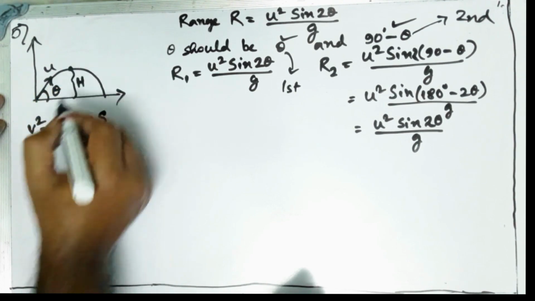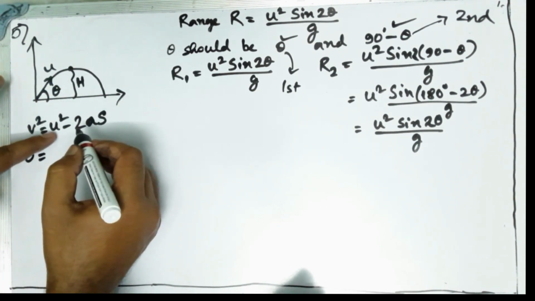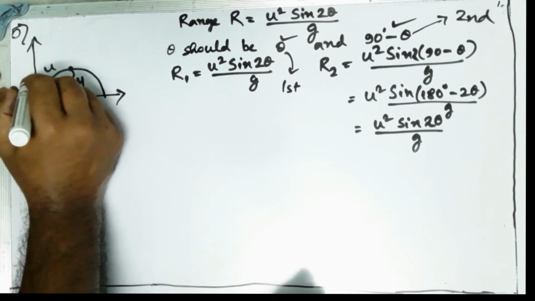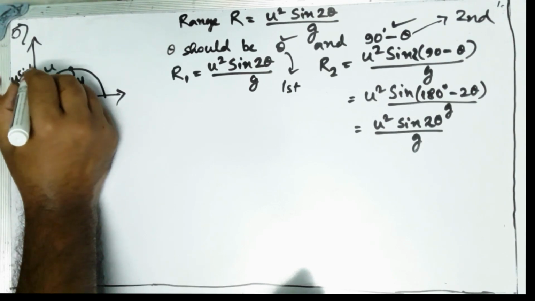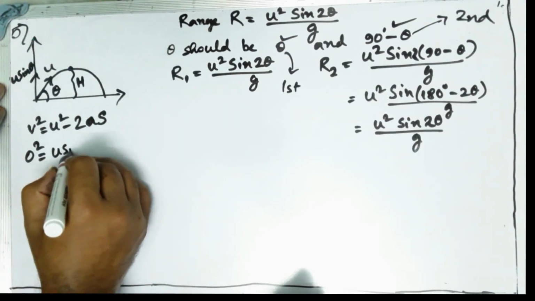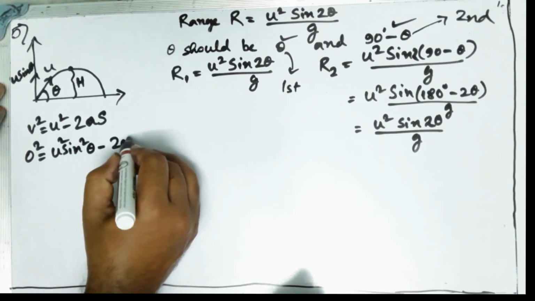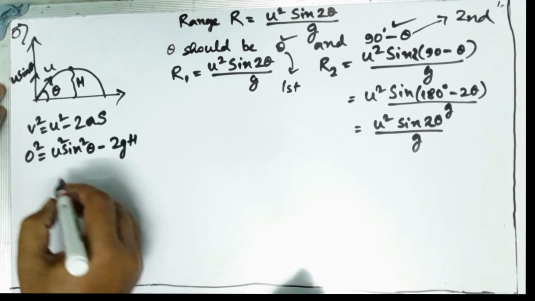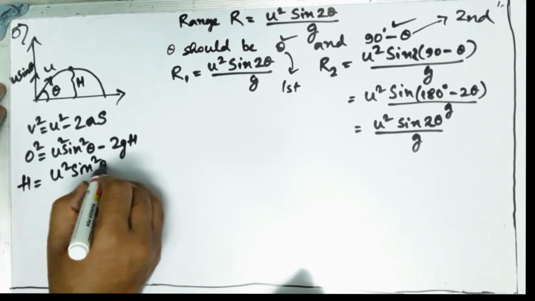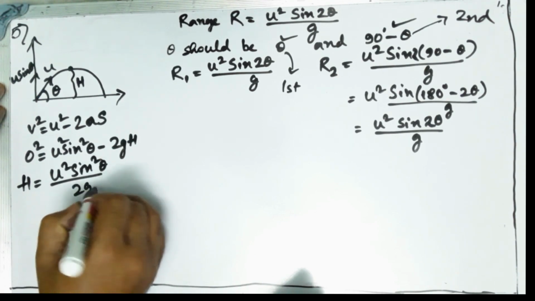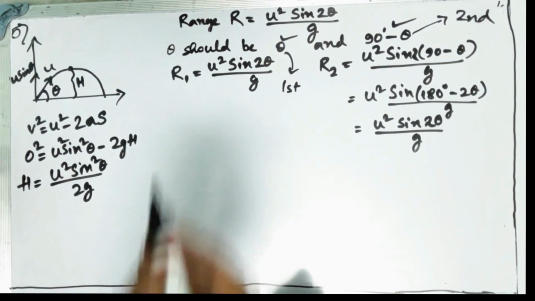For maximum height, the final velocity is 0, so it is 0 square equals, and the initial velocity along the vertical is u sine theta, so u square sine square theta minus 2g times the maximum height h. So h gives us u square sine square theta by 2g. This is the value of maximum height h.